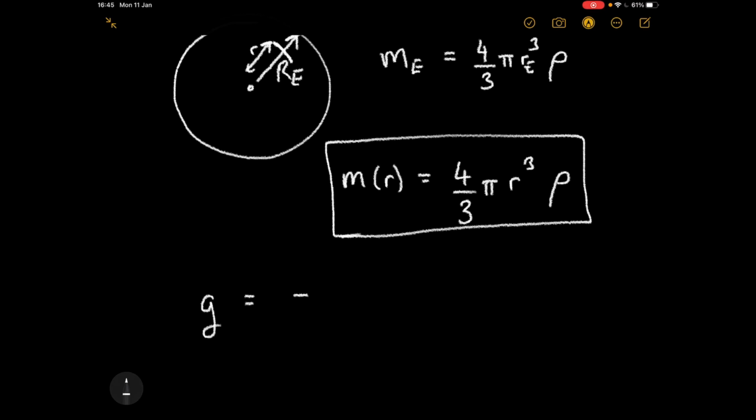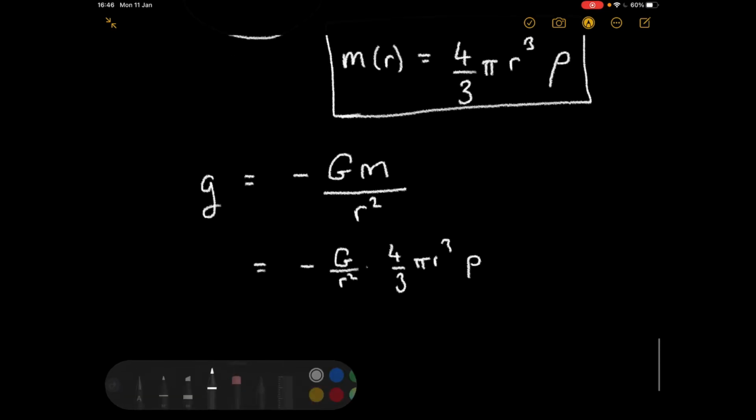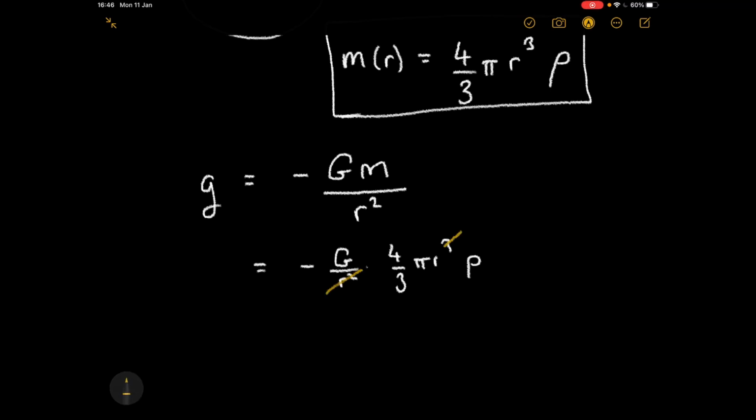We can then put that into the equation for gravitational field strength. g is equal to minus GM over r squared, and so what we get is minus G over r squared times 4/3 pi r cubed rho. And what's nice is that these things will cancel.